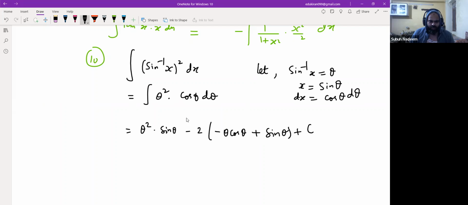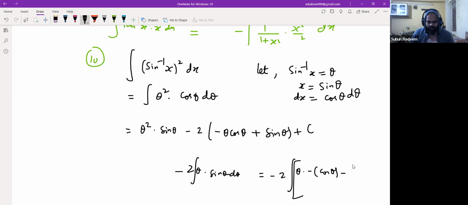The first function minus integral of derivative. Derivative is 2 theta into integral, which will be sine theta. And then you wrote it as minus 2. And then again you applied first function into integral of this, minus cos theta, minus integral of derivative. And this will be cos theta d theta, which will be sine theta. So sine theta and minus theta cos, right?